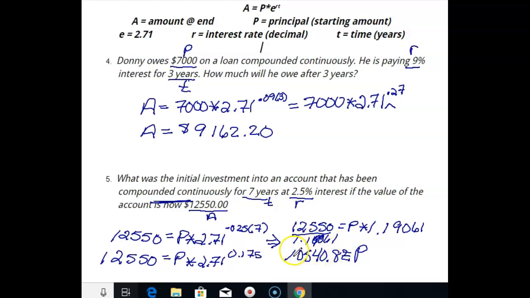You probably could round this and say that I had $10,541. It's kind of a weird amount to invest, so it would probably be okay to go ahead and round it, or you can just leave this answer. And as I said, this is our final percent problems to deal with.